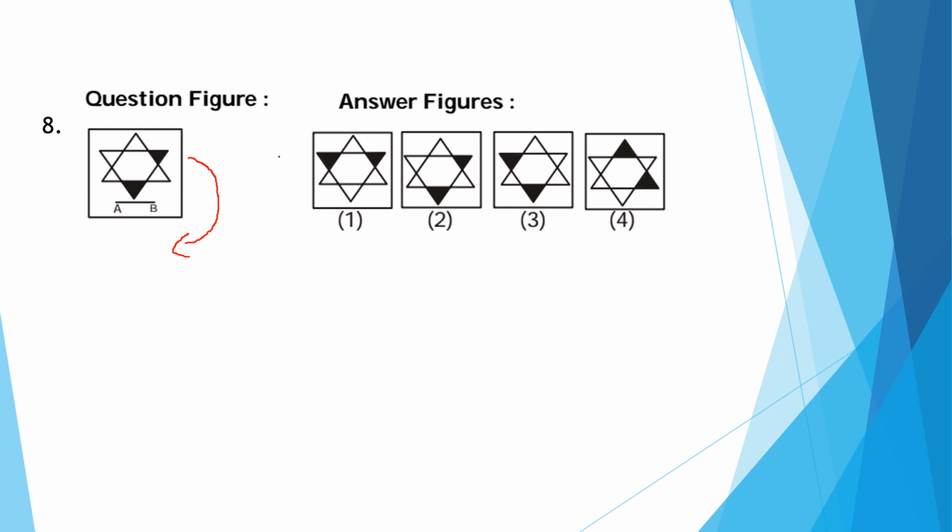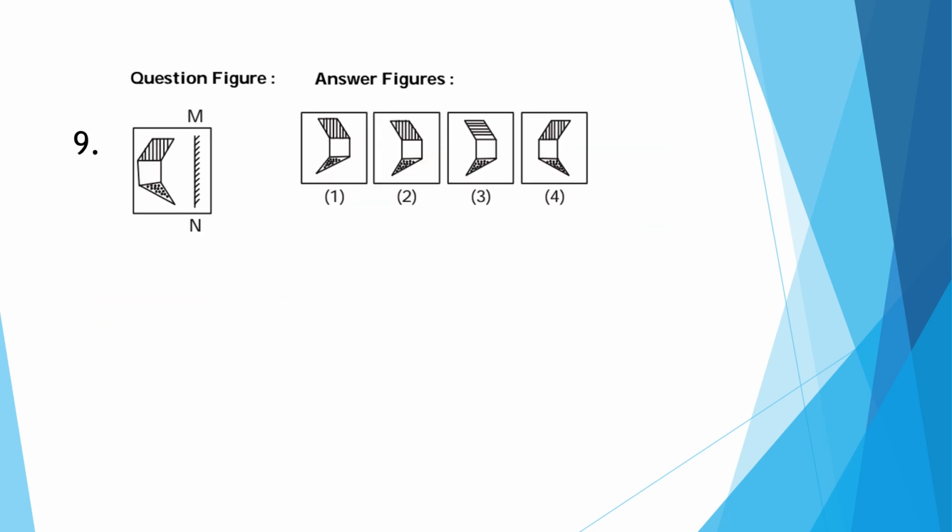This thick shaded part goes up. Observe these first three options: the shaded part is not there, here it is the same, down. So these are not correct answers. This one going up, so we think the fourth option is the correct answer.